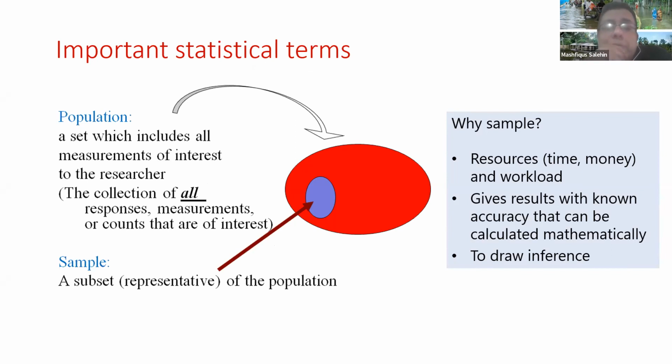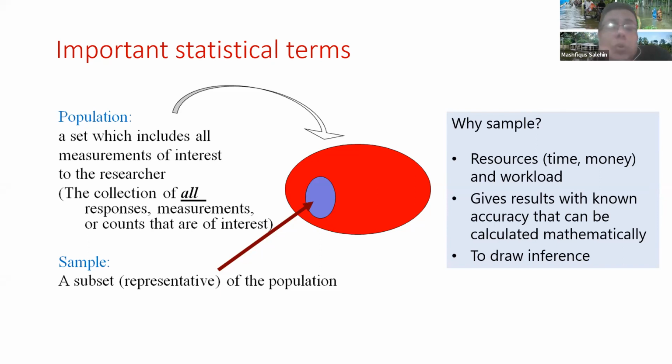For example, if I want to study water security issues in the coastal areas of Bangladesh, the vulnerable households, the total number of households that exist in the southwest coastal area, for example, will constitute my population, but that will be tens of thousands of households in that area. So I cannot just go and ask around all the households in my questionnaire survey.